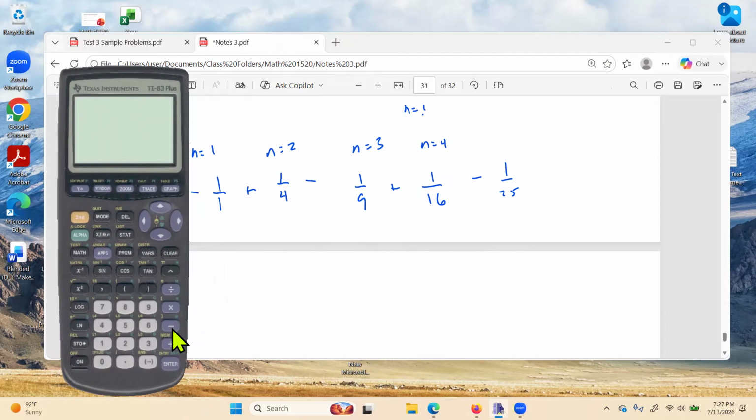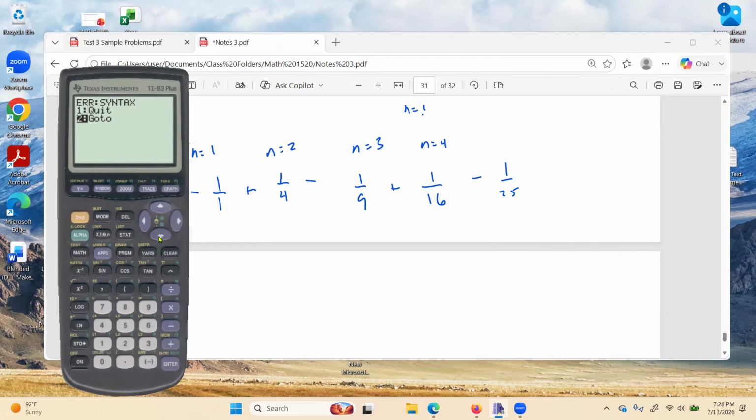Make sure you pick the right negative. Negative 1 plus 1 over 4 minus 1 over 9 plus 1 over 16, let's stop there. Oops, what did I do wrong?